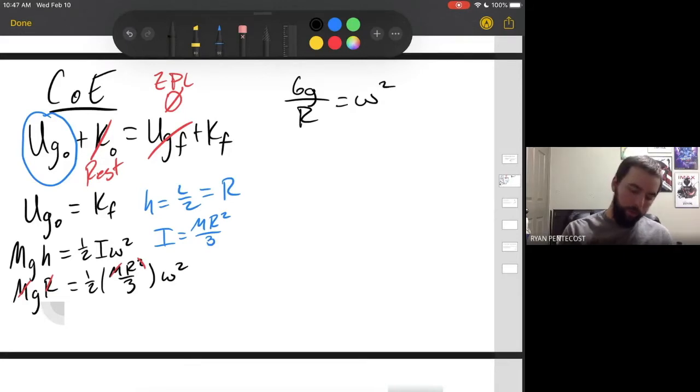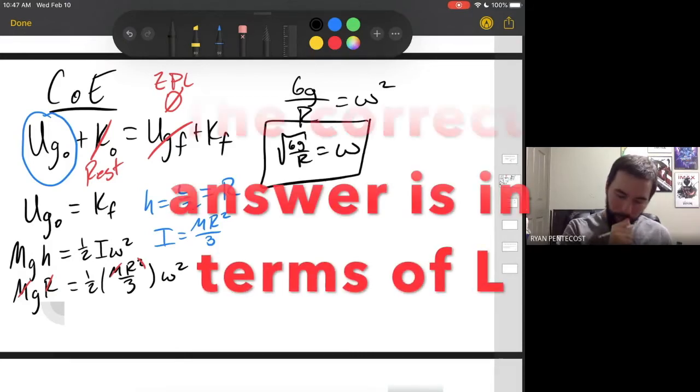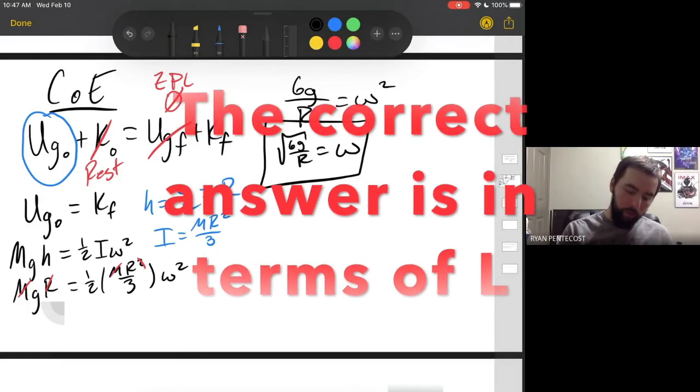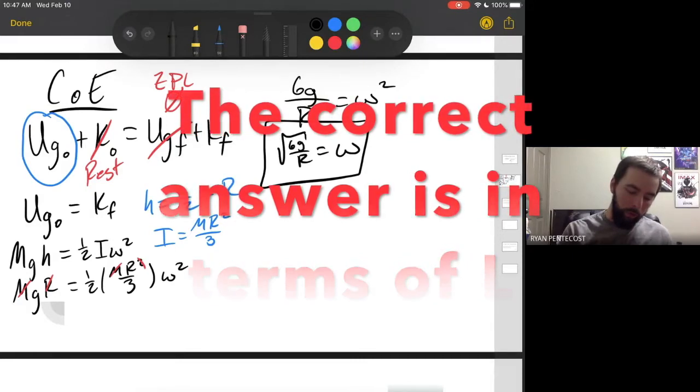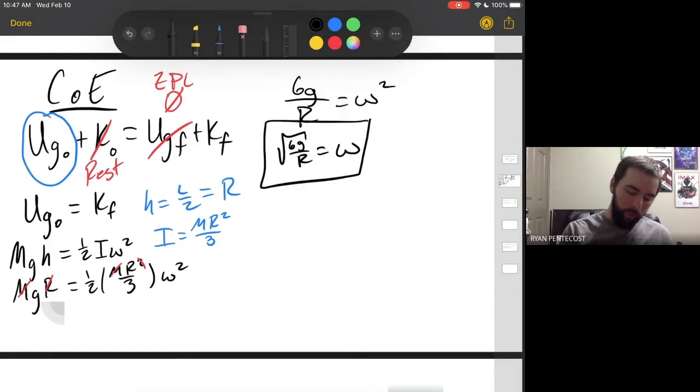So then the square root of 6g over r will equal omega. Now, if you have that in terms of L, remember r is L/2. So that would also equal the square root of 3g over L if you incorporate the 2.